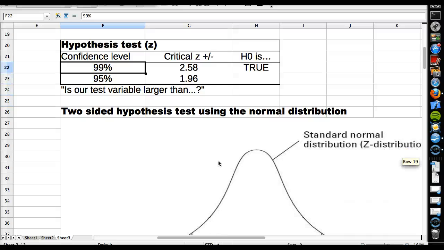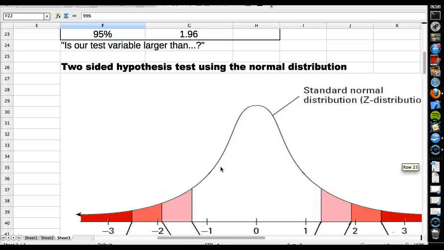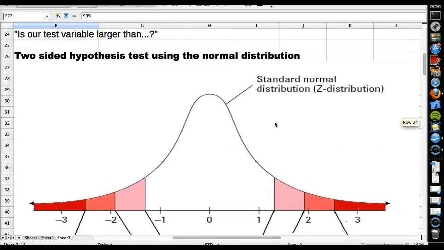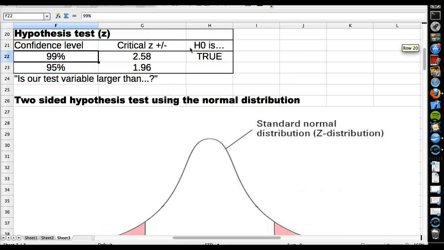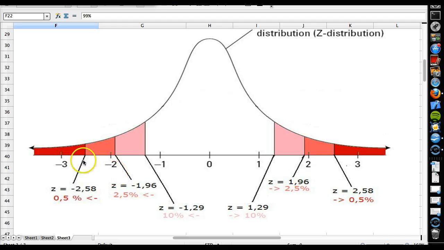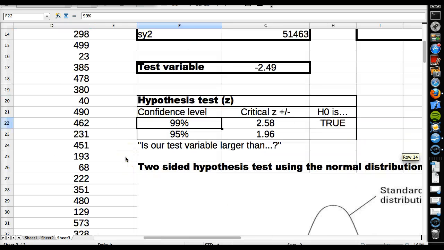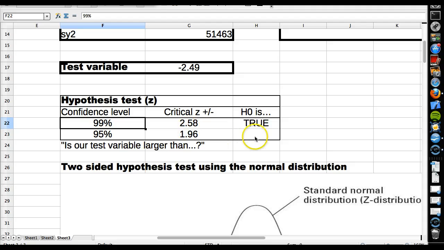So what it means actually is that if I conducted my sampling procedure 100 times, I just did loads of samples, like 100 samples of tango dancers and Lindy Hoppers, and I calculated the difference, and the difference was distributed normally, I would have a 1 in 100 chance that I would get a critical Z value in one of my samples that was outside of the interval of minus 2.58 and plus 2.58. And basically that's what a confidence level means.